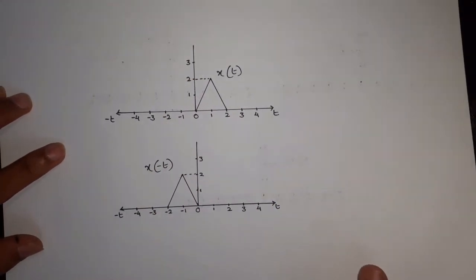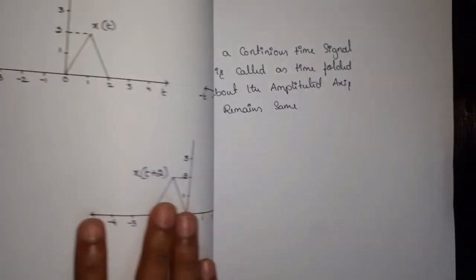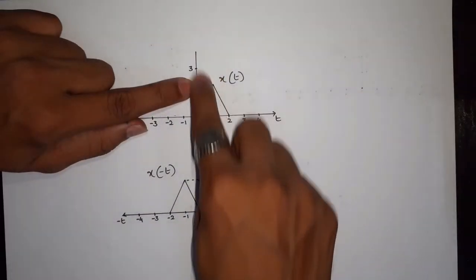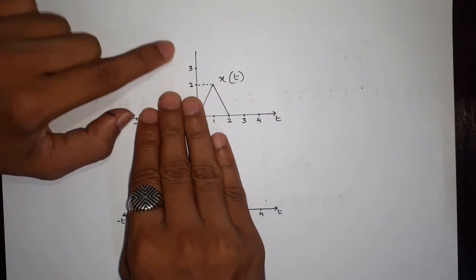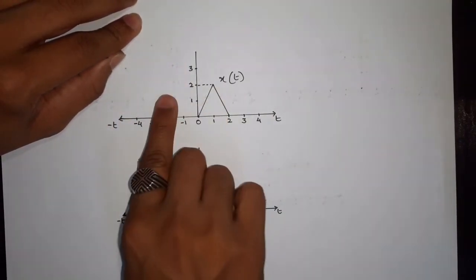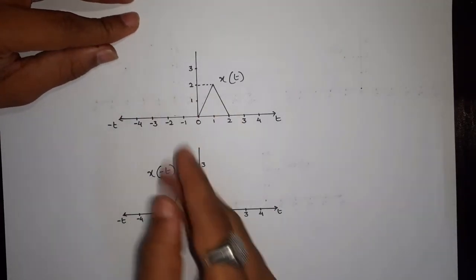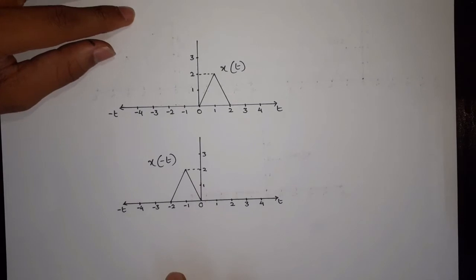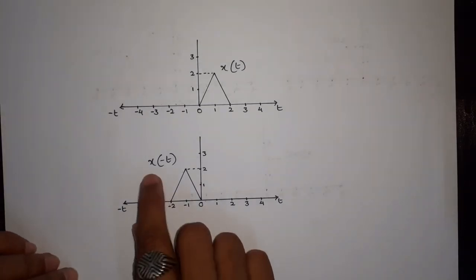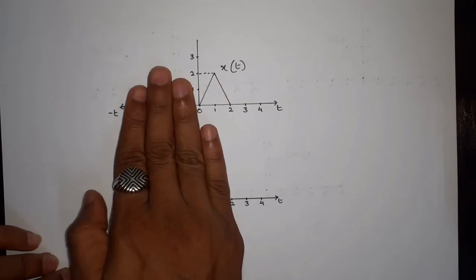Now if I fold the signal with respect to the amplitude axis, what would be the reflection of this signal? Whatever the signal appears on the negative part of the time scale after folding would be the time folded version. And here we can see x of minus t. This is x of t and I am folding it with respect to the amplitude axis.